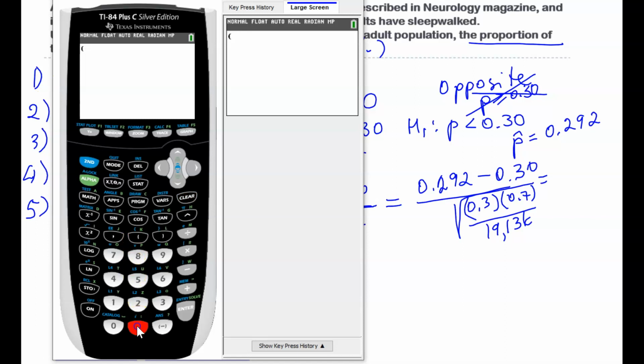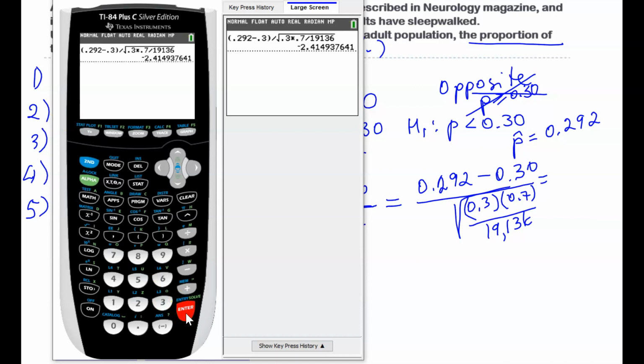Open parenthesis, 0.292 minus 0.3, close parenthesis, divide by square root, so it goes second to get to the blue, square root of 0.3 times 0.7 divided by 19,136.